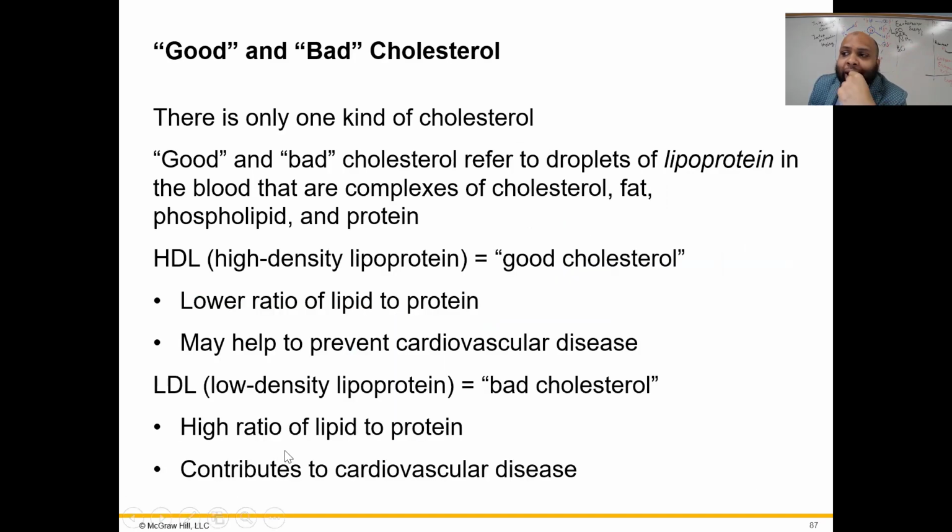There is good and bad cholesterol. So good cholesterol is one that has a little bit of cholesterol and a lot of protein. You know blood is polar, because remember we said blood is a suspension. It has water in it. And you know cholesterol is nonpolar.